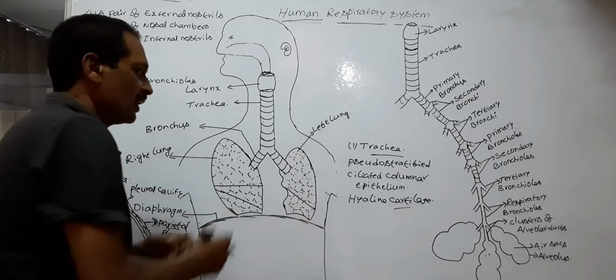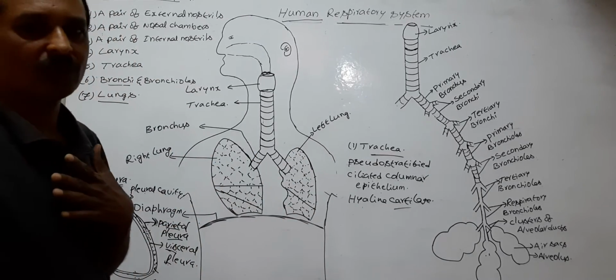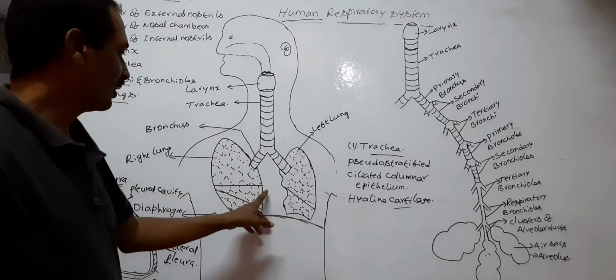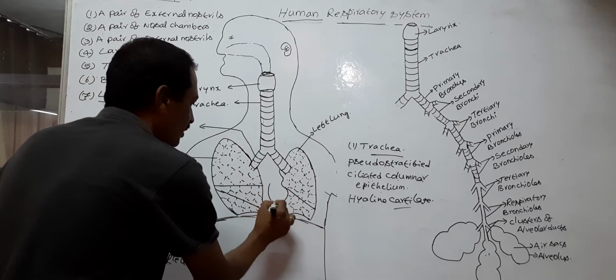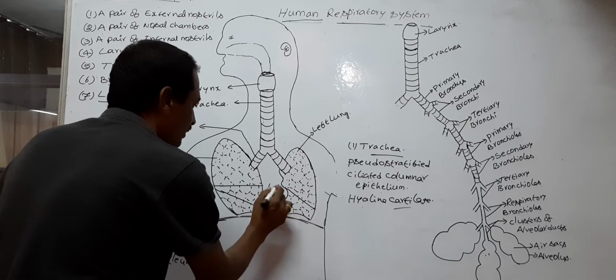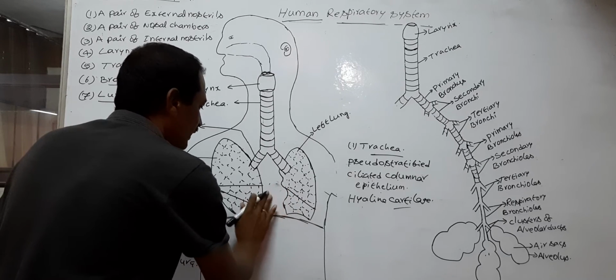The two lungs are located in the thoracic cavity, one on either side of the heart. So the heart is located between the two lungs.